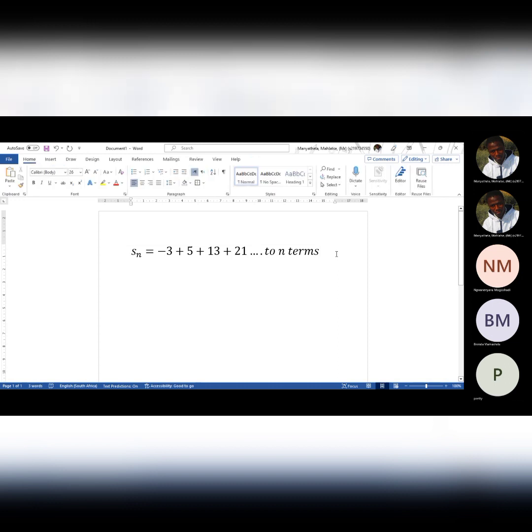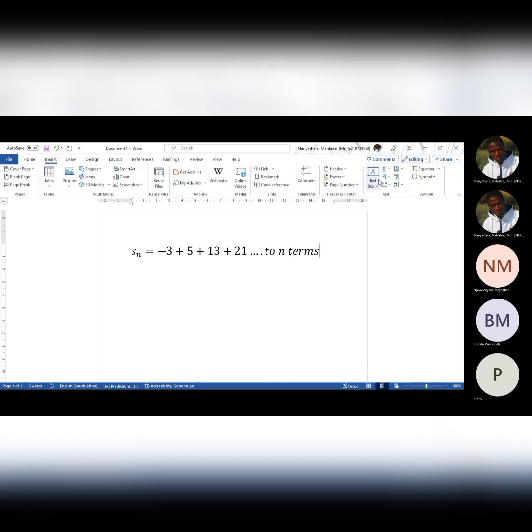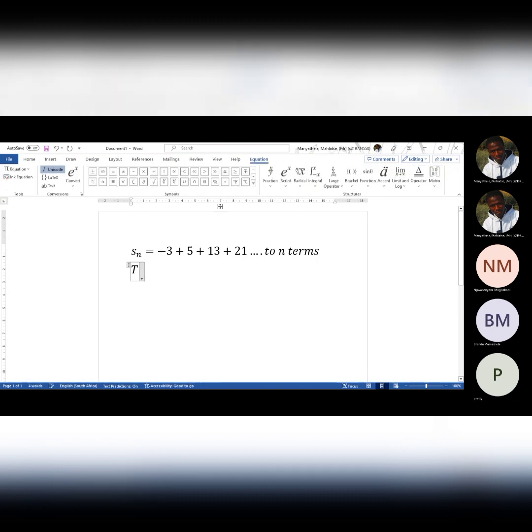Consider the series to n terms. Determine the general term of the series in the form... rather, determine the general term of the sequence.